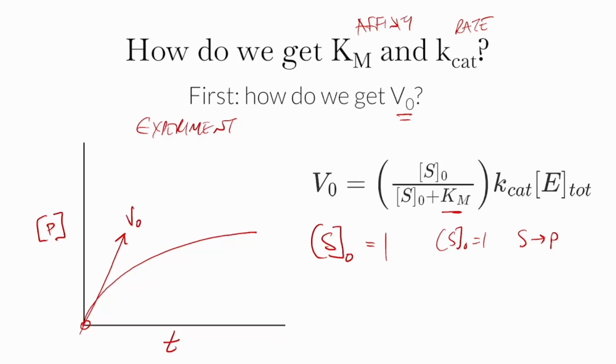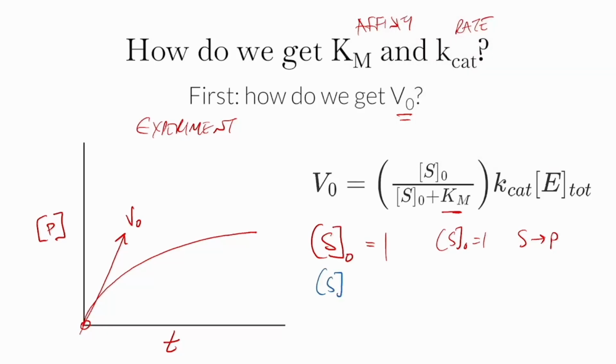So it turns out this is V naught. This is the initial velocity of the reaction when we have some substrate concentration and no product around. We know the substrate concentration, so we can measure this velocity. Okay, so that was V naught with S naught equals 1.